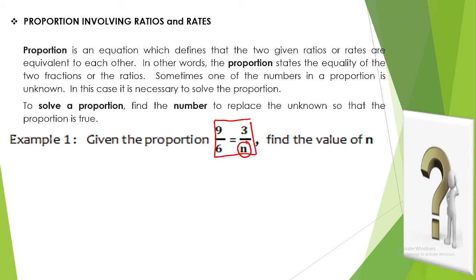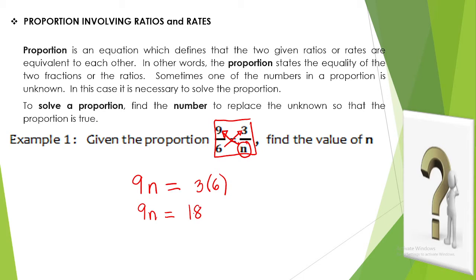It's so simple. Cross multiply. So 9 times n is equal to 3 times 6. So we have 9n is equal to 18.